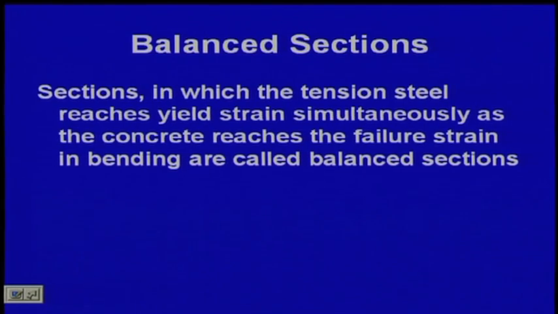So, sections in which the tension steel reaches yield strain simultaneously as the concrete reaches the failure strain in bending are called balanced sections, because we are considering beam and that is mainly for bending, the dominating one. So, we shall consider that section as balanced section when concrete and steel both of them simultaneously reach the specified limiting strain.